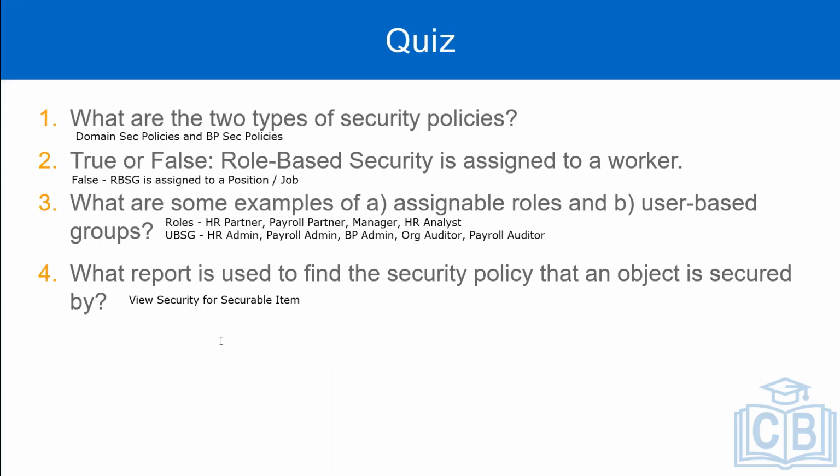Compensation partner is a role. Correct. That means it is a role. And what type of security group is associated with it? Role-based. It should be assigned to a position. How do we assign somebody? Let's say I want Shruti to be a compensation partner for XYZ Motors, then what should I do?